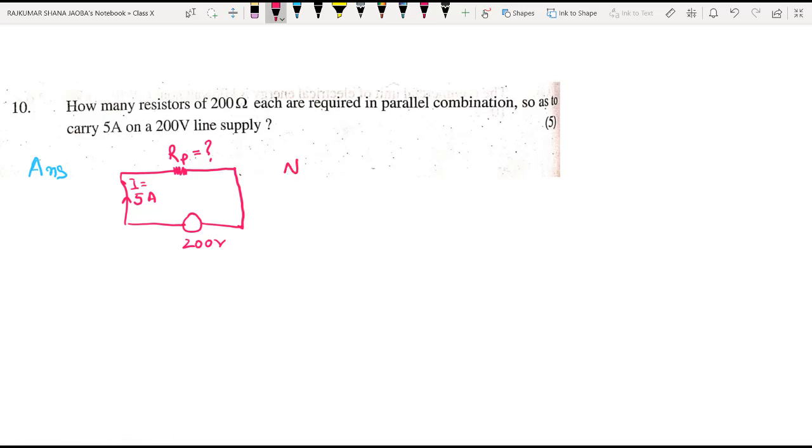Now, V equal to Ri from Ohm's law. So 200 equal to Rp into I, I is 5.